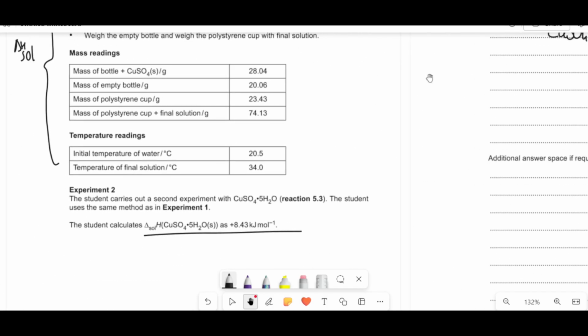Now, what else do we have in this question? Well, they've told you the enthalpy of solution of this thing, and we've just worked out the enthalpy of solution for CuSO4 solid, which was minus 57.22 kilojoules per mole. The enthalpy of solution is where you're dissolving 1 mole of a solid ionic compound, so if you dissolved it, you would end up making aqueous ions.